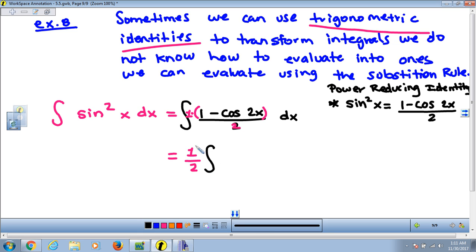So 1 and 2 are not there anymore. I took them outside together. Imagine I'm able to grab them from here, and I use them to form a fraction right here outside. So then what am I left with inside for me to integrate? 1 minus cosine 2x dx right here. We just do it to make it simpler.